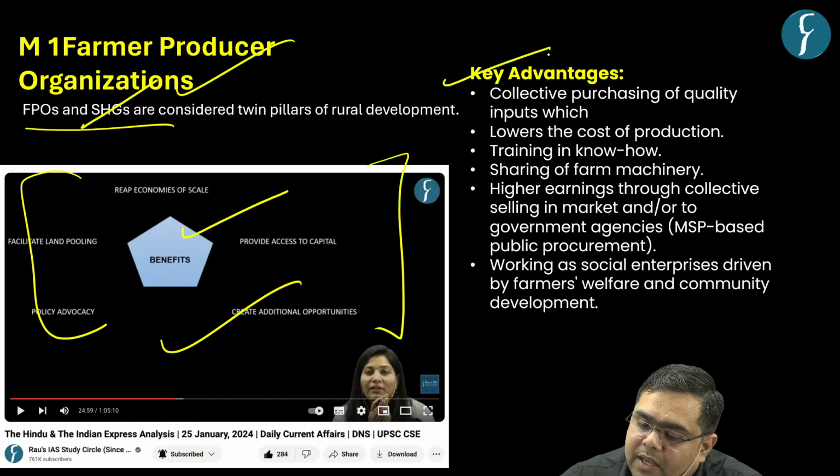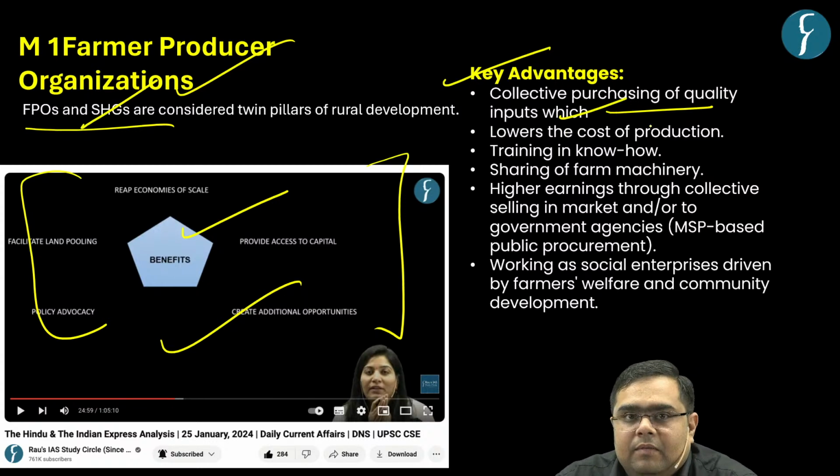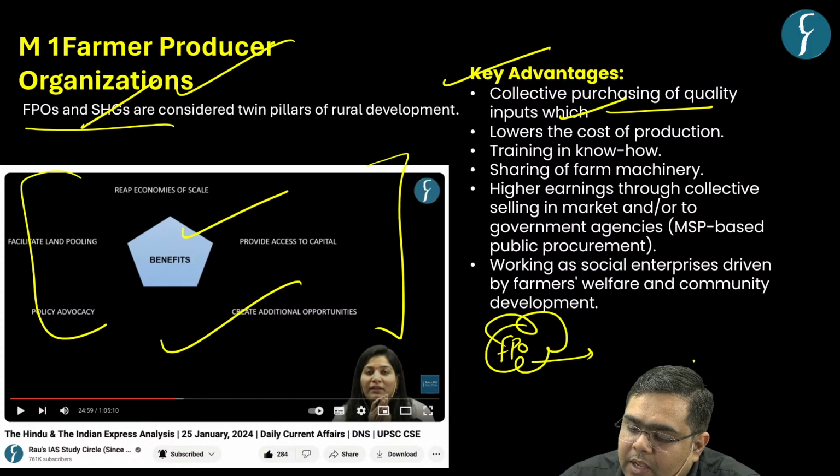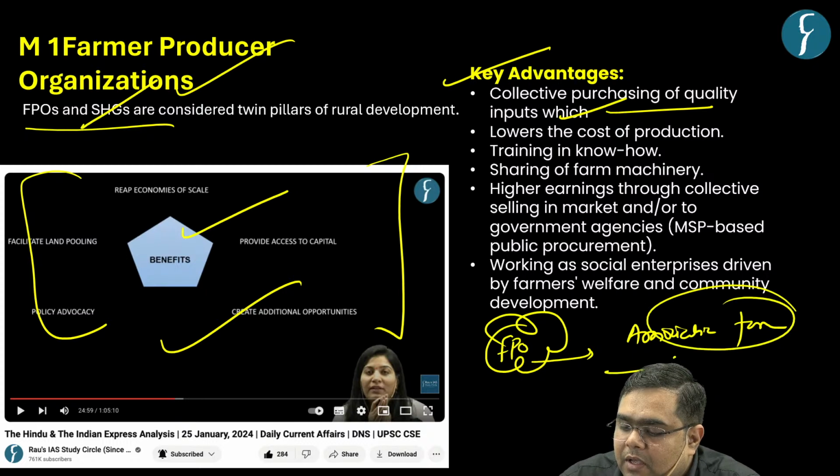So key advantages are collective purchasing of quality inputs. So when a farmer, for example, what is an FPO? I hope you must have all watched that video, but let me revise your memory. These are associations that can be registered under the Societies Act, Companies Act, or Cooperative Societies Act.